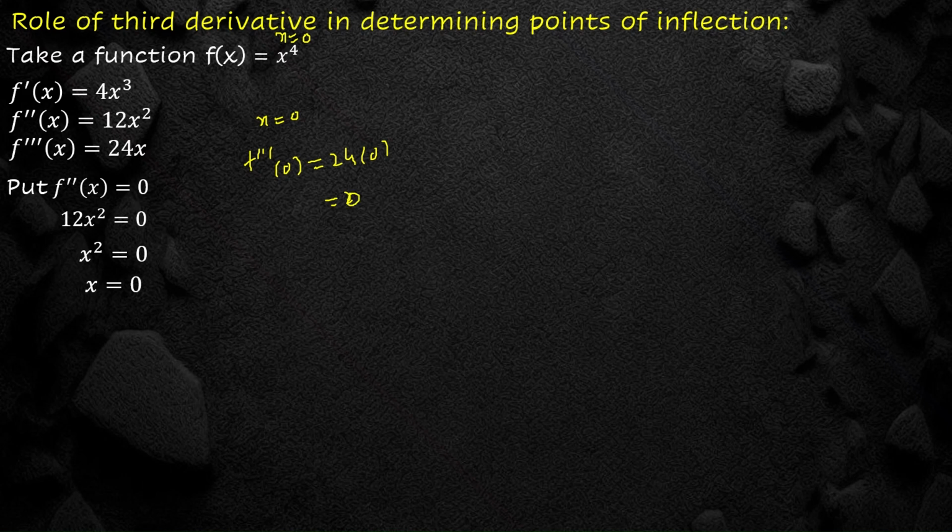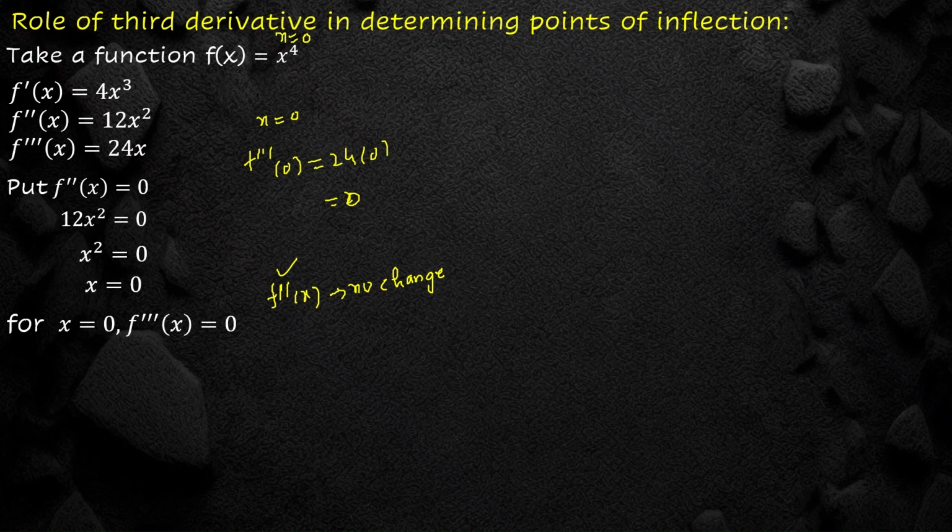That is, at x is equal to 0, f triple dash x is equal to 0. That is, there is no change in the second derivative. Since the third derivative is equal to 0, it means the change in the second derivative is 0.